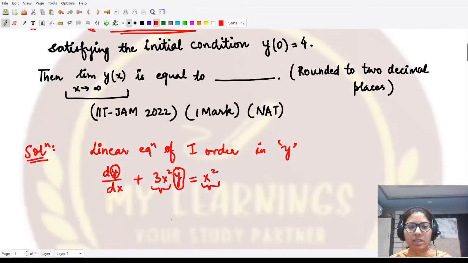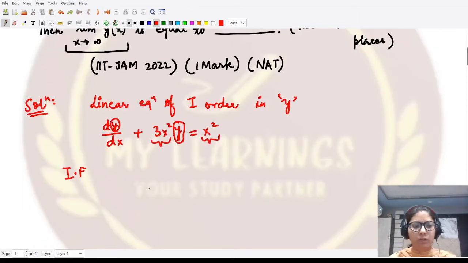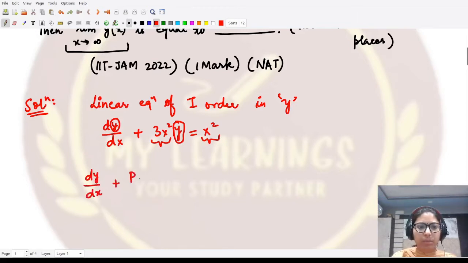In this case, the solution is obtained when we first calculate the integrating factor. Suppose the general equation is dy by dx plus p y is equal to q, where p is some function of x that is given to us in the statement itself, and q is some other function of x.